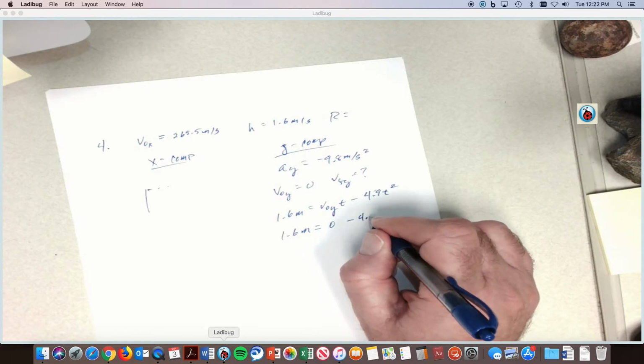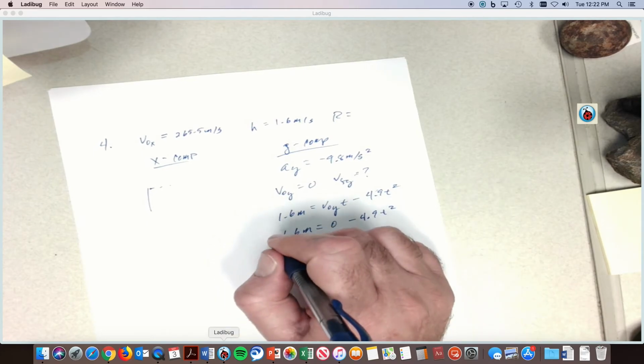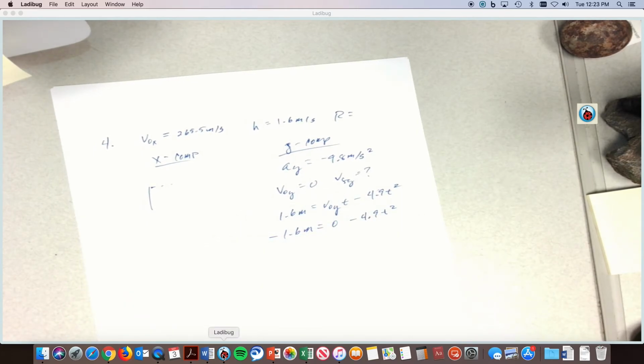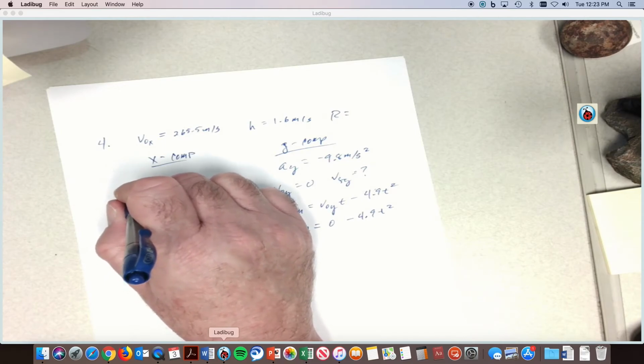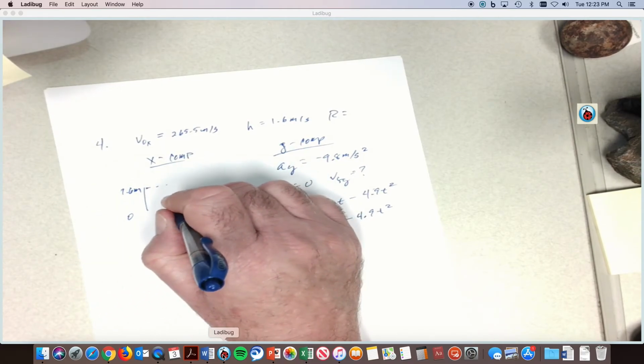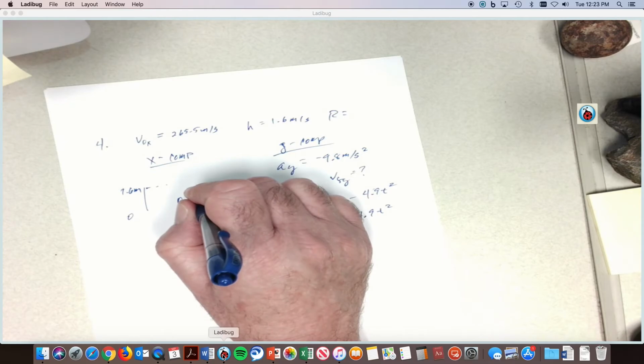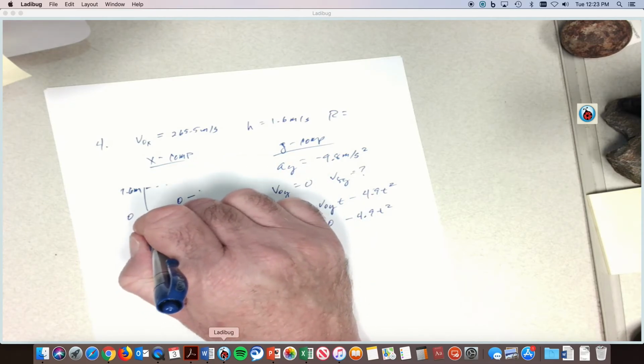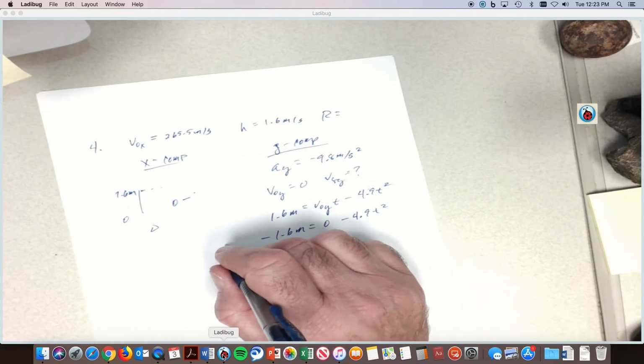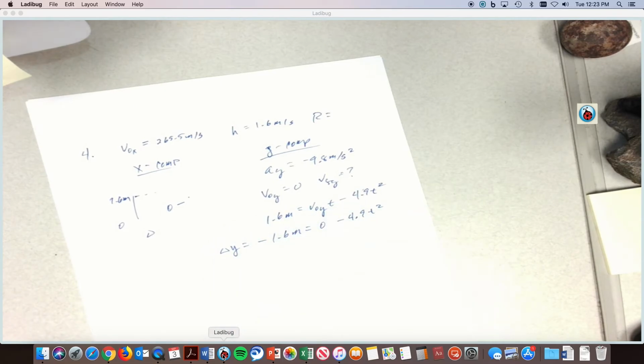4.9 t squared. Now it fell this far, so that's negative, because it's at 1.6 meters and it falls to 0. So its displacement is negative. Its change in y is equal to negative 1.6.